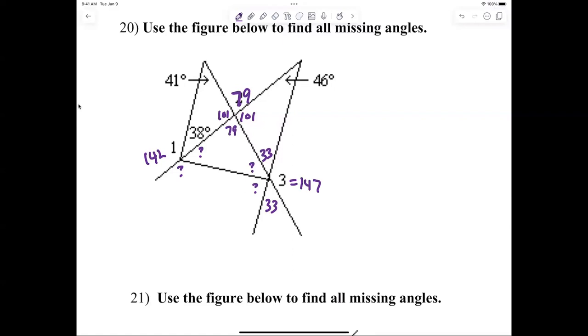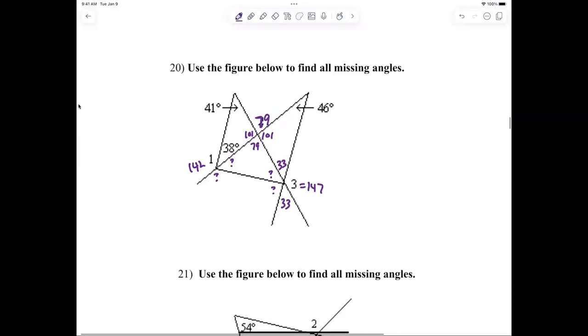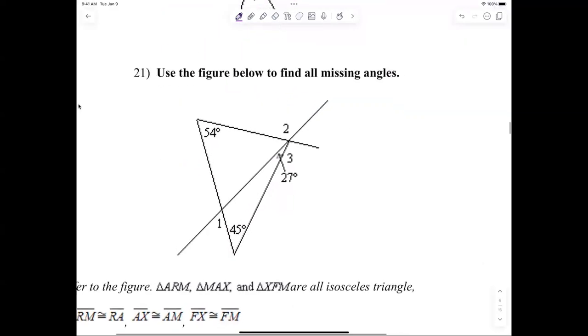There's no right angles marked there. Oh, yes, we can. No, we can't. The alternate exterior. Yeah, you're right. Okay, so that's all we can figure out. Good job, guys. All right, here we go. Let's knock out 21.